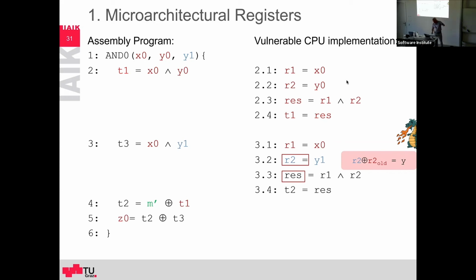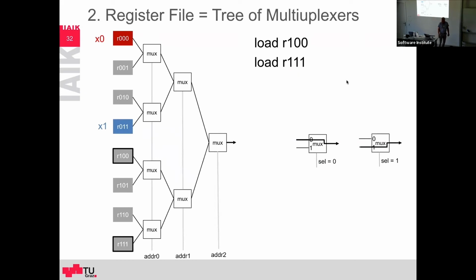Problem one. Problem two, even weirder, register files. Let's say I have two loads. I load from register 4, and then I load from register 7. And I also have two shares of my secret X, one share in register 0 and one share in register 3. So this looks absolutely harmless, right?